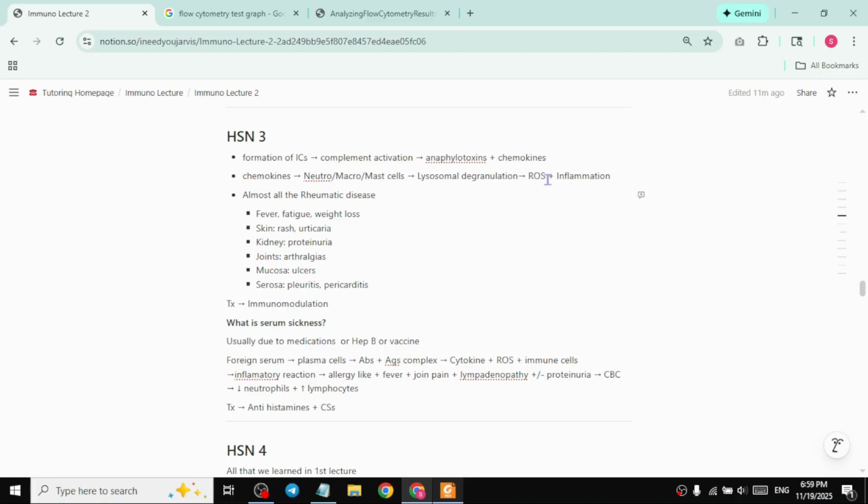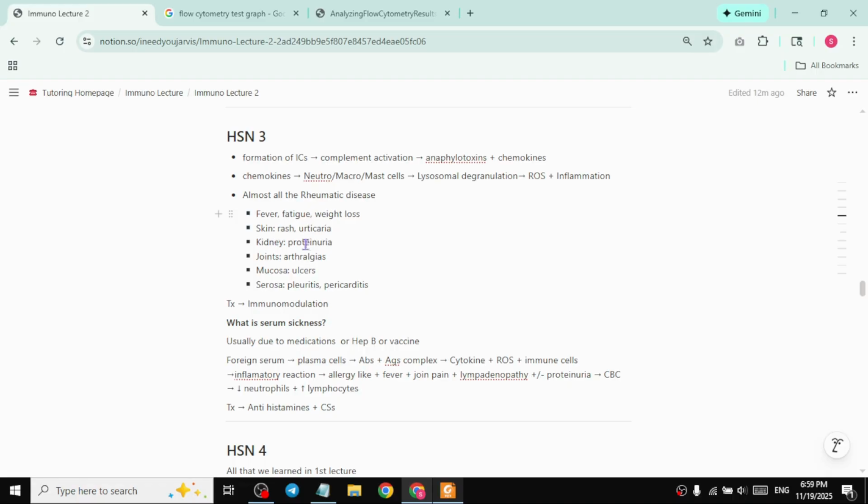The thing is, hypersensitivity type 3 is the most common pathway for almost all the rheumatic diseases, right? So everything you study in rheumatology, the signs and symptoms are just for SLE, RA, stuff like that, right? So fever, fatigue, weight loss. Skin will show rash.